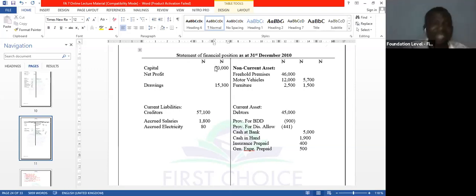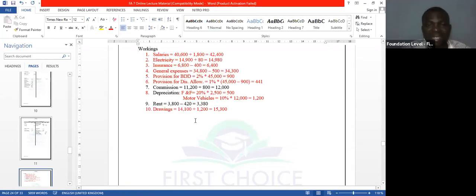Rent received. There's an adjustment for rent received. The total amount of money received is 8,000, but they have not rendered service for the total value of 420. Since they have not rendered it, it means this is rent unearned, revenue in advance. It means that you have not earned it.